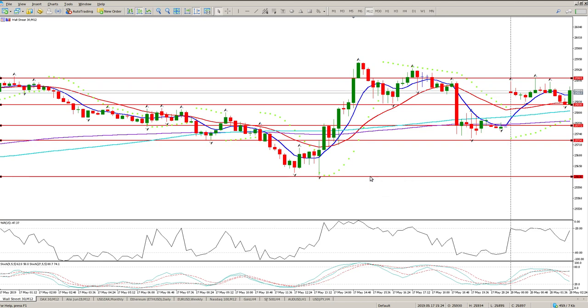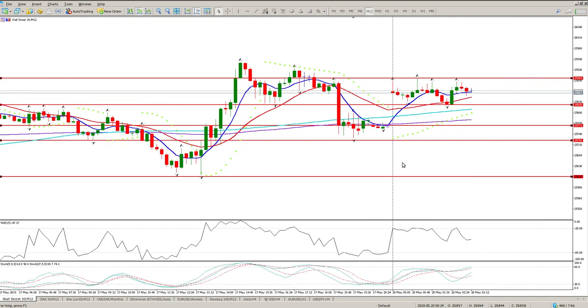Take that fractal there. So stop level is going to be around 25,625. Okay, so because the stop level is so far away, I'm not really interested in getting in long here, especially not with this price action. This to me is looking like we are going to come down and close this gap.